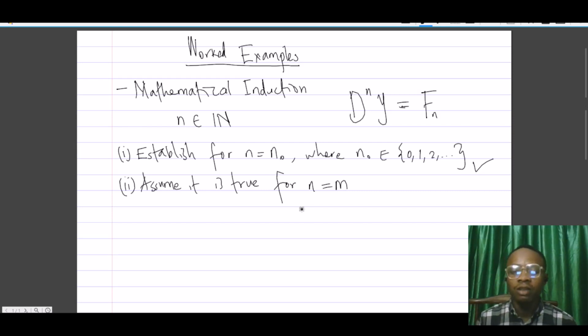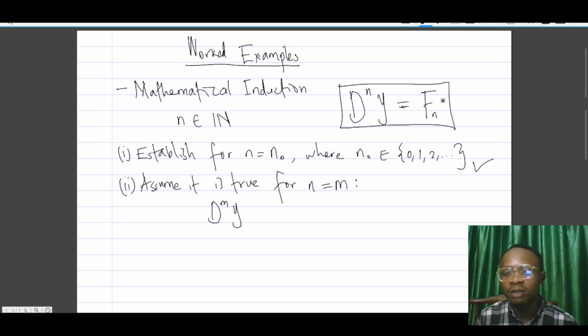This is just an assumption. If this statement is true for n equal to m, that means we are asserting that the mth derivative of y, where f sub n is some expression carrying n, is equal to f sub m.